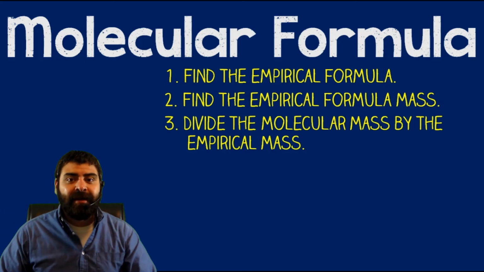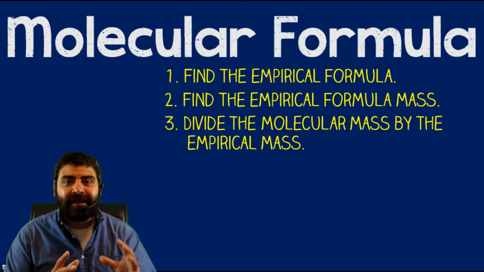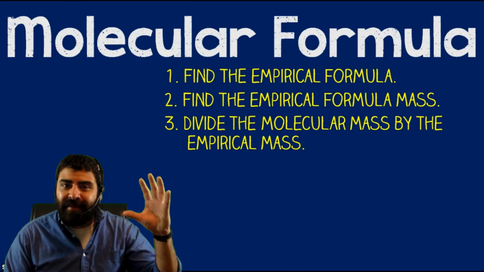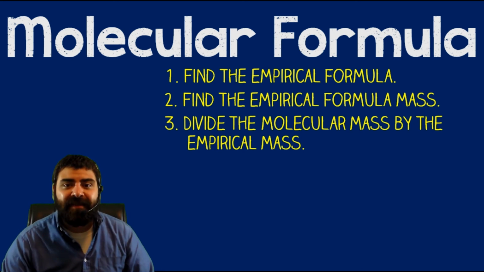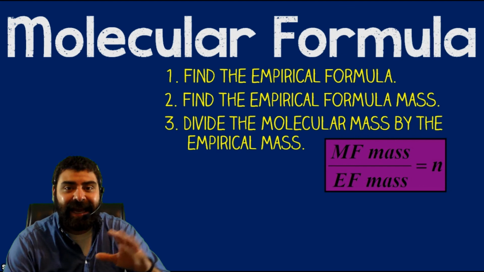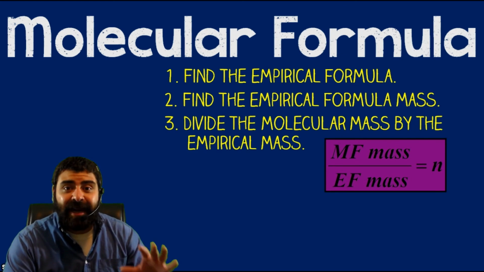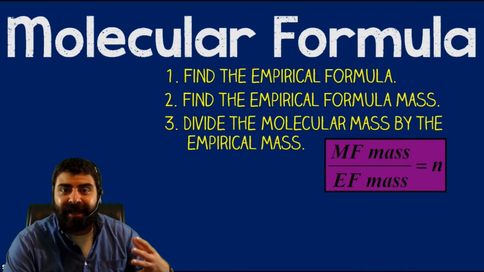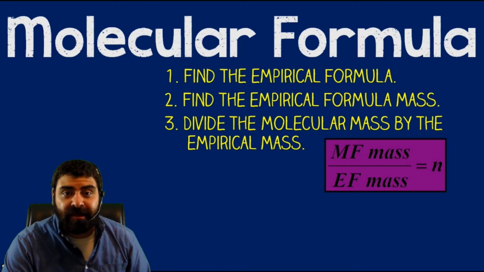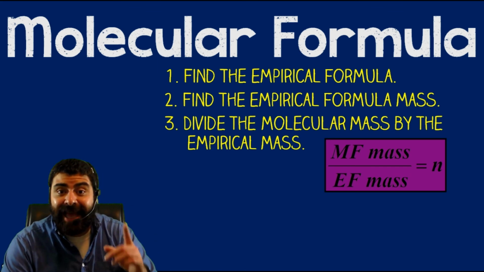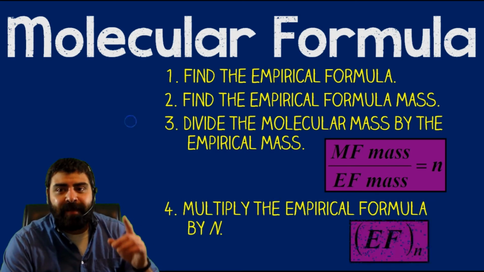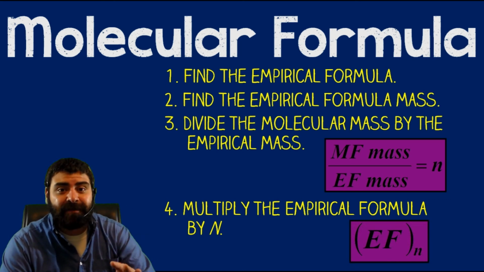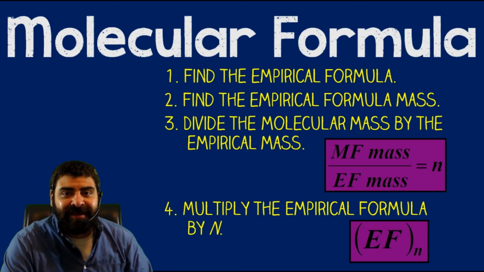And this will tell you the ratio of how much bigger the molecular mass is than the empirical mass. This will give you an answer we'll call N. This is the ratio of how much larger the molecular formula is than the reduced formula. You take that N and multiply it by your original empirical formula, and that will change the subscripts in your compound.